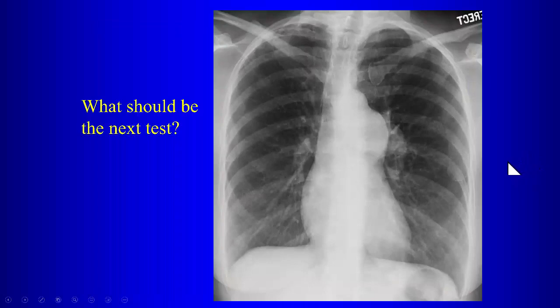Now contrast that with this case. When we look at this case, what is enlarged here? Yeah, so the main pulmonary artery here is big, and the left pulmonary artery is big, but the right pulmonary artery is normal. So what does this mean? Pulmonary valvular stenosis. So if we have enlargement of the main and the left pulmonary artery, but the right pulmonary artery is normal, we think of pulmonary valvular stenosis.